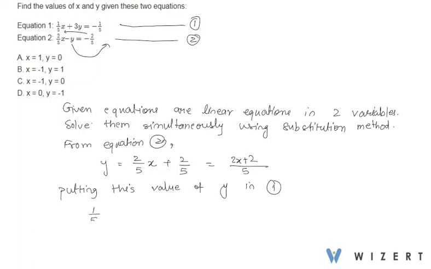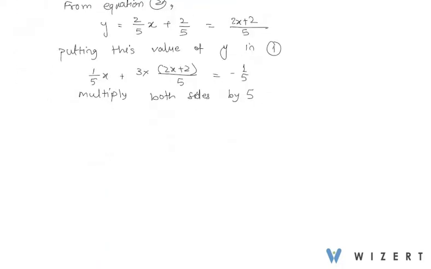So 1 by 5x plus 3 into 2x plus 2 by 5 equal to minus 1 by 5. Now since all of them have 5 as denominator, we multiply both sides by 5. So what do we get? x plus 3 into 2x plus 2 equal to minus 1.